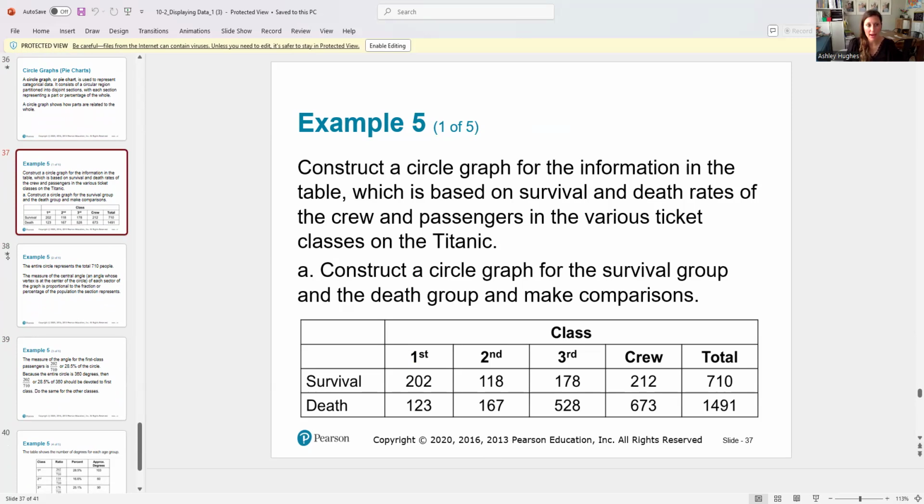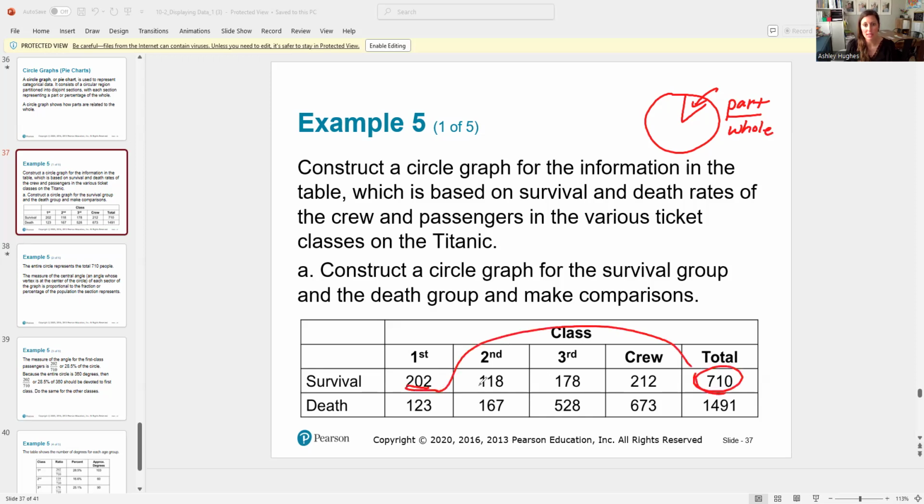Because when we make a pie chart, we have to make sure that we're doing part over whole, because when you go to divide this, you need to know what percentage do I put here. The way to figure this out is you always do part over whole. That's how you figure out the percentage. So you're going to take this part and put it over the whole, this part and put it over the whole, and this part and put it over the whole. So you can figure out the percentages for the survival and then likewise for the death.